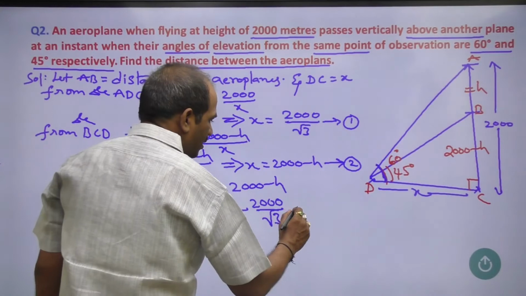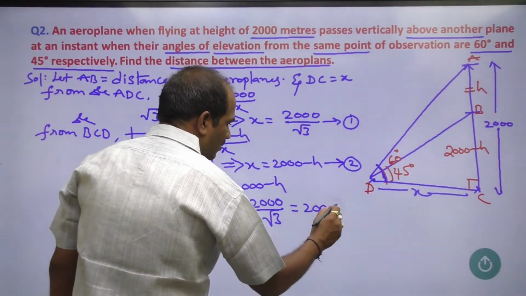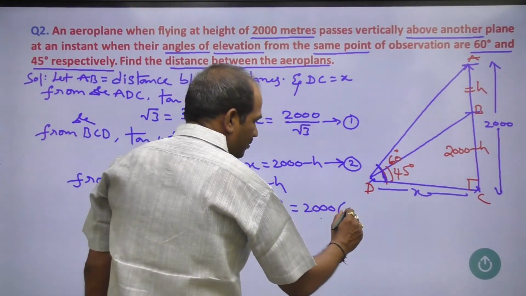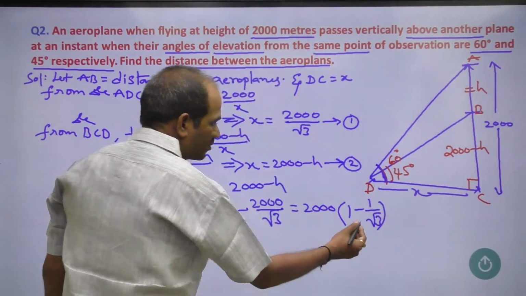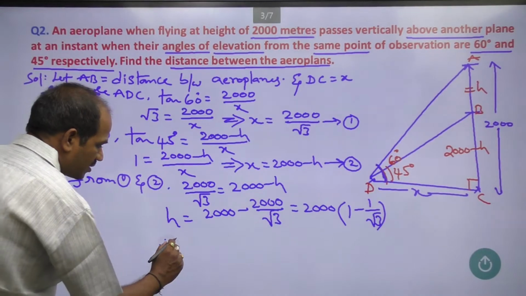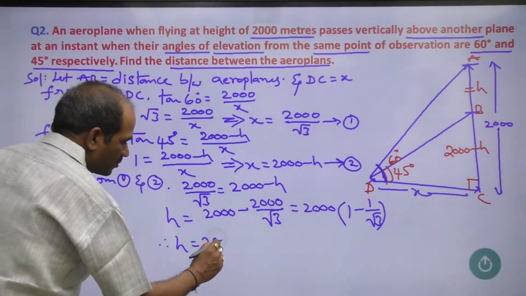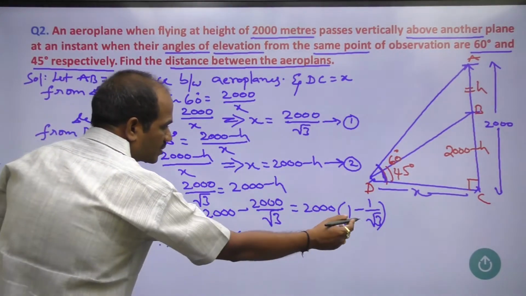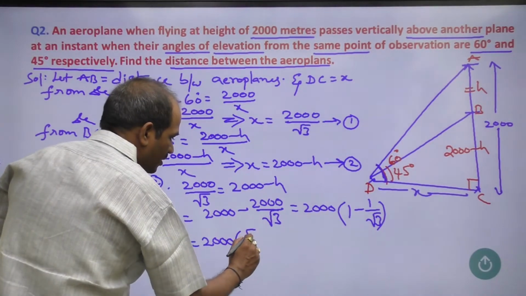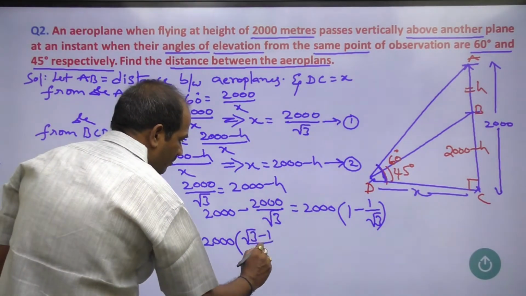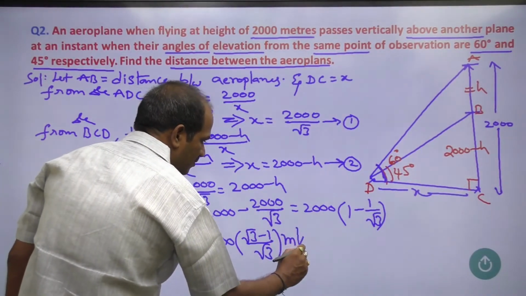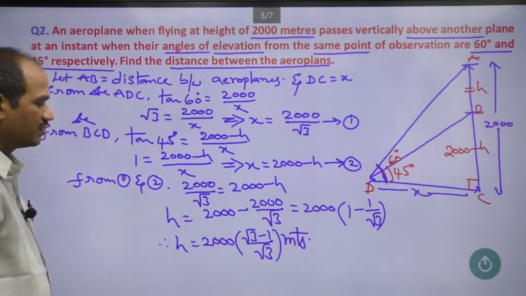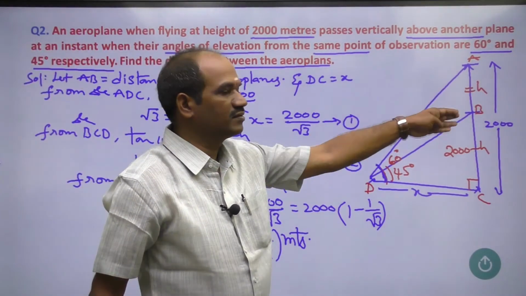Here 2000 is common, next 1 minus 1 by root 3. Take the LCM. Therefore h is equal to 2000 into (root 3 minus 1) by root 3 meters. This is the distance between the aeroplanes.